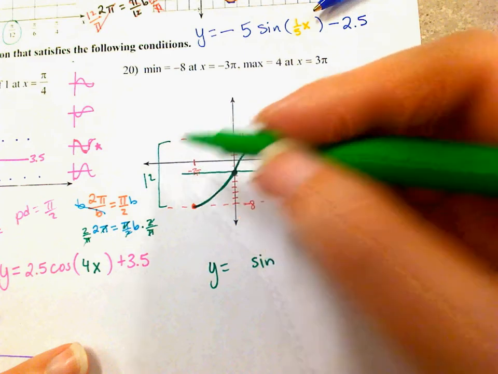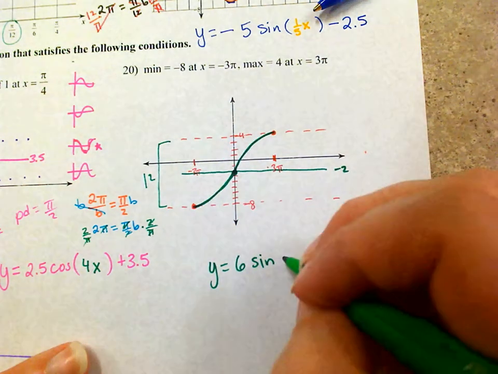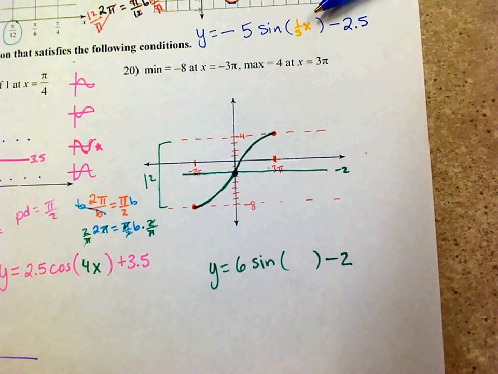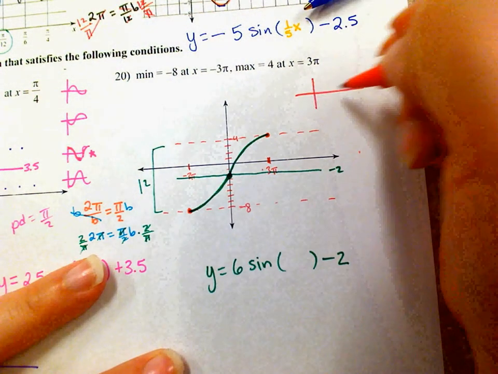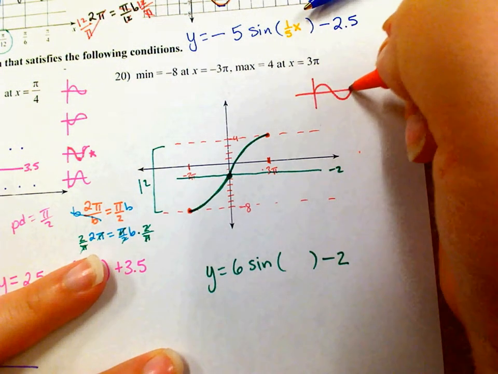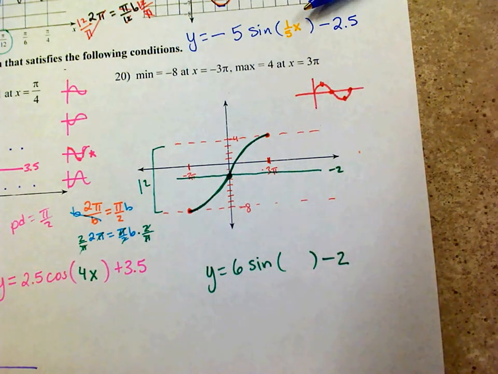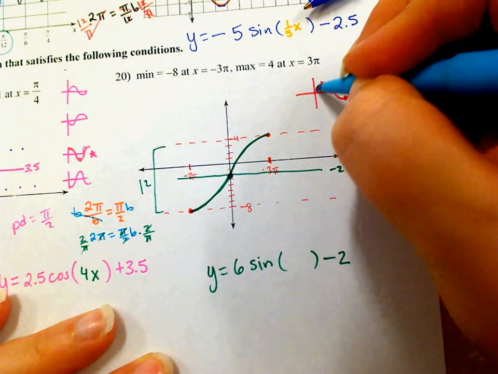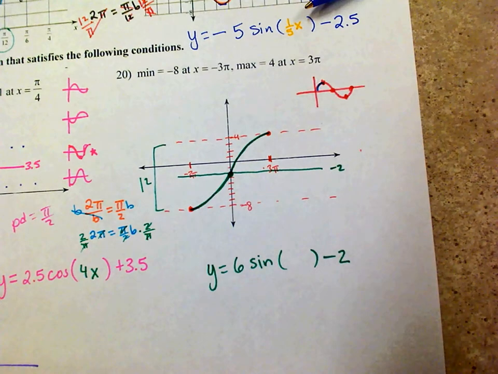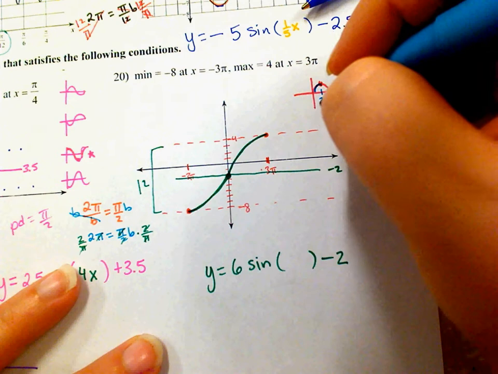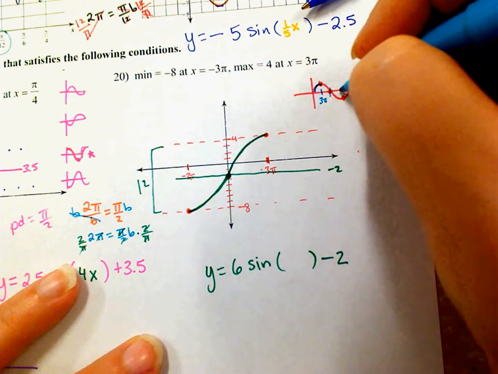As far as the period goes, think about a positive sine wave and how much of the wave it is to go from the beginning to the max. That is only a fourth of your wave. You could say if that's 3 pi, then that's 6 pi, 9 pi, 12 pi, just keep adding 3 pi. Or you can say 3 pi is only a fourth of it, so multiply it times 4, and you get 12 pi as your period.